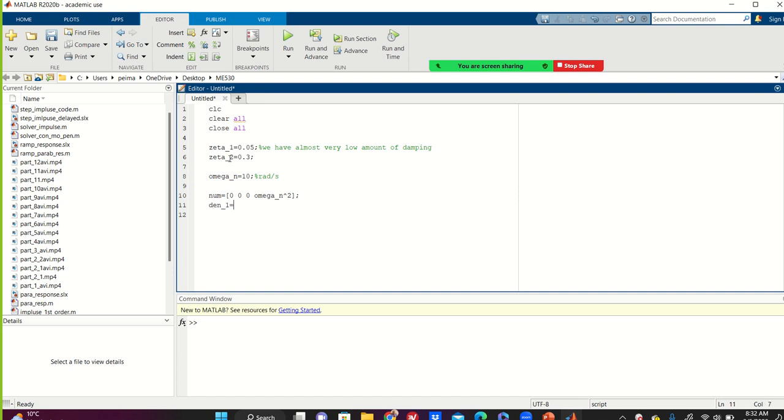And then den 1 is going to be 1, 2 zeta 1 omega n, omega n squared, and 0. And then den 2, because I want to compare this, is going to be with zeta 2. That's it. Okay, everybody?